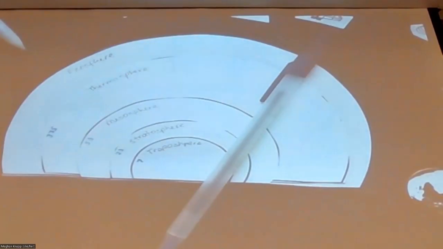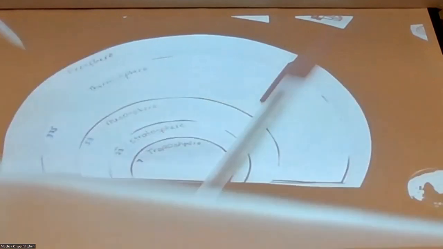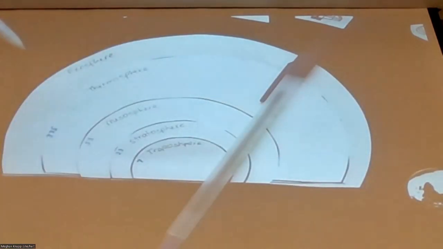All right, so as you are assembling these, one of the things that I'd like you to write down is how many miles from the Earth's surface these are. So troposphere on average is about 7. The stratosphere, I think we had said about 23.